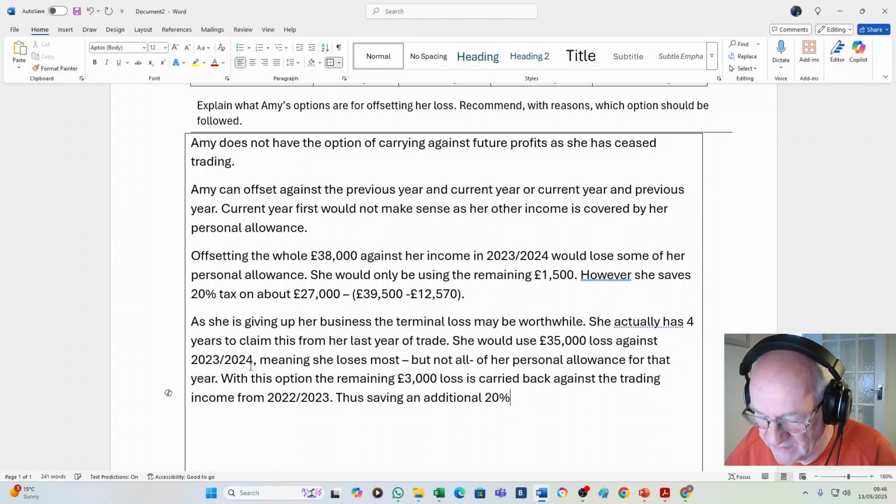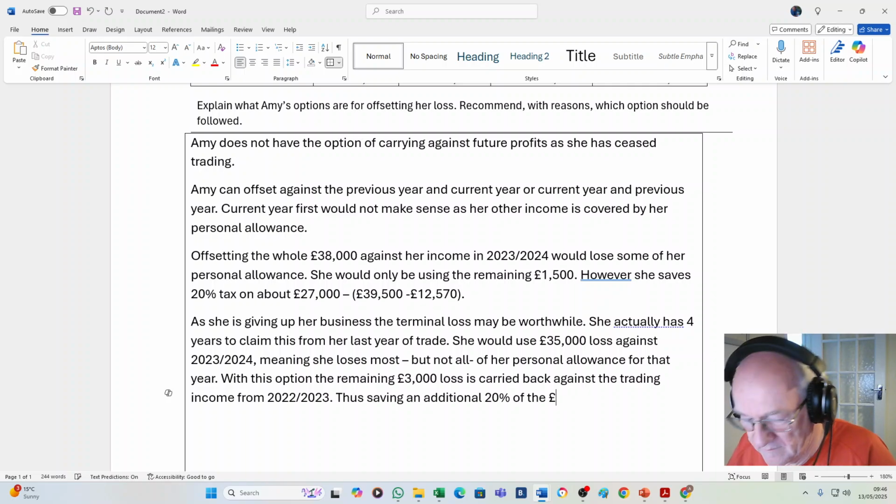Going to get the 20% of the 6,000, 3,000. I was thinking, should I write £600 or should I write 20% of 3,000? Yeah, the saving an additional tab. Yeah.